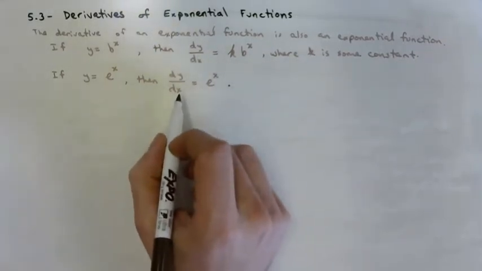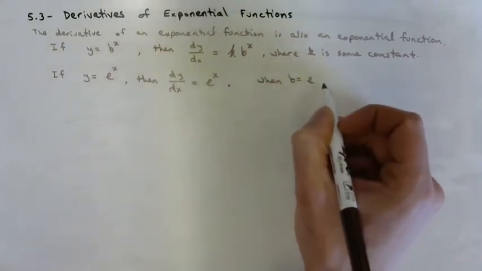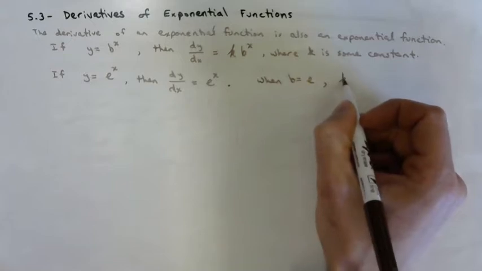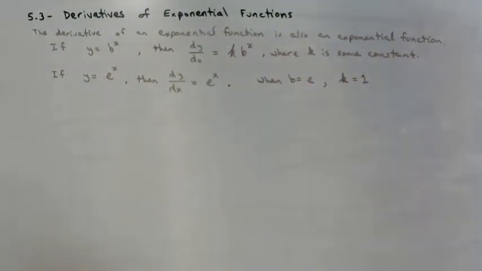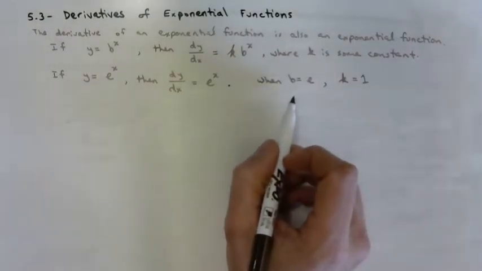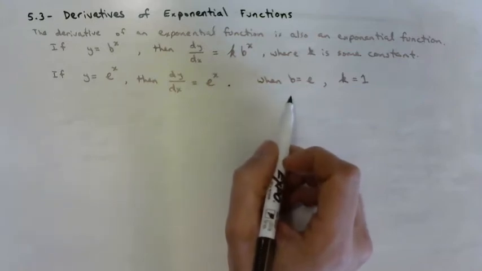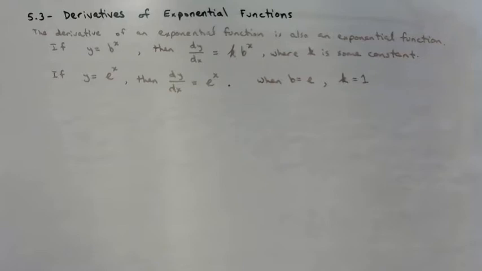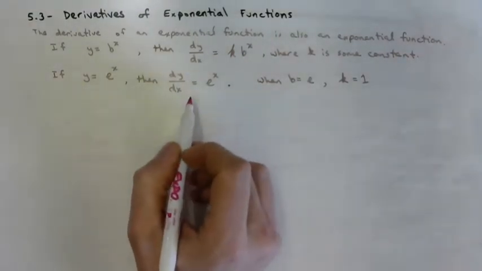So in other words, when b equals e, k, our constant, is 1. That's going to help us to identify something important.